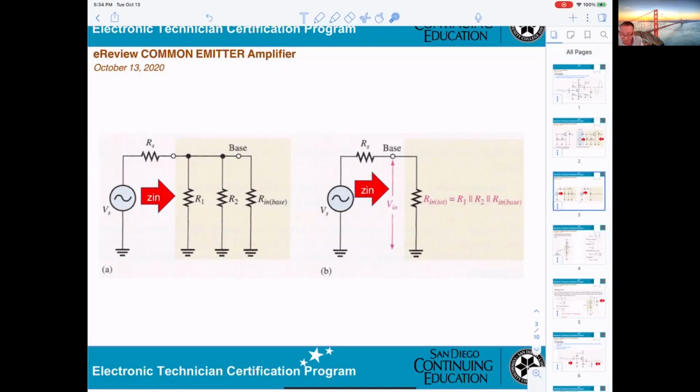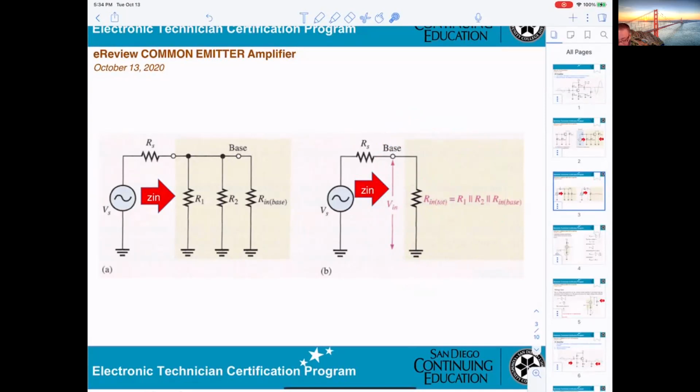And now go to the second one. You can see they can combine everything: R1 parallel R2 parallel R in base into one, which they call R in total or G in, either way you want to go.